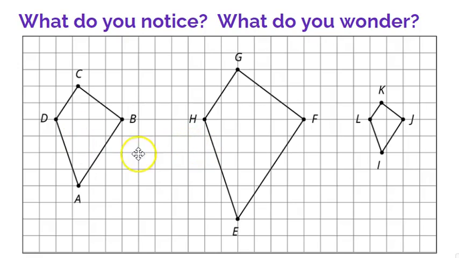From what I see, at the very least, we can say that they do have some similarities, right? It looks like a vaguely similar shape. They're all quadrilaterals, right? They're all 4-sided figures.